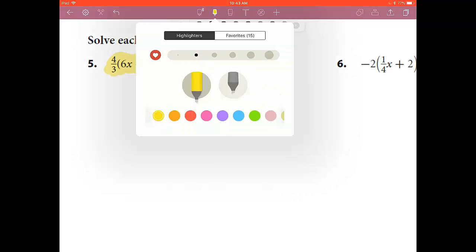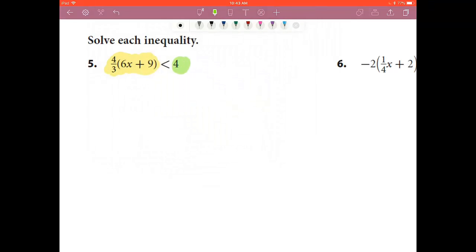Now on the left-hand side of the inequality, I have one term connected by multiplication, and on the right-hand side, I have one term. I'm going to multiply both sides by 3 to get rid of the denominator, and I have 4 times 6x plus 9 is less than 12.